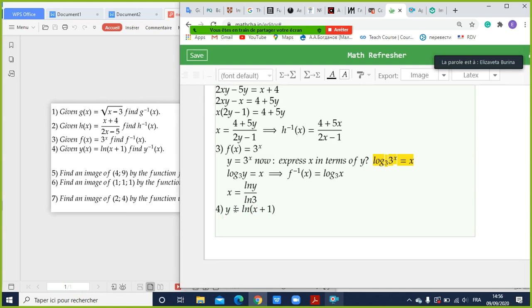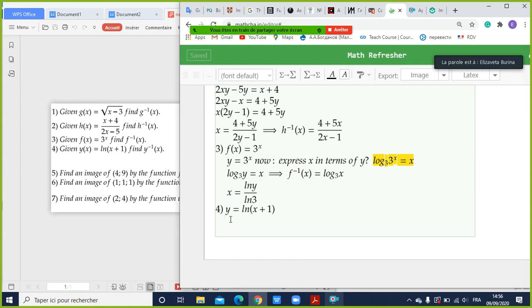Here, the letter y that I always use to do the inverse coincided with the initial name of the function. It is a coincidence, and well, you can take any letter. Here we could take a letter L, for example, and be happy.